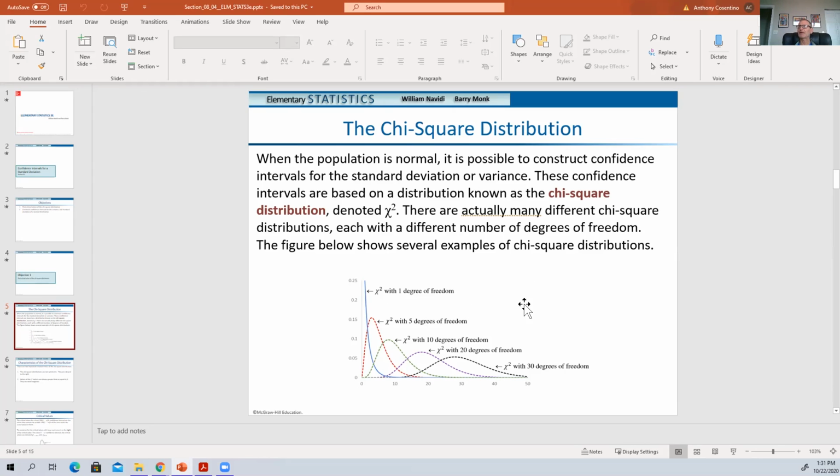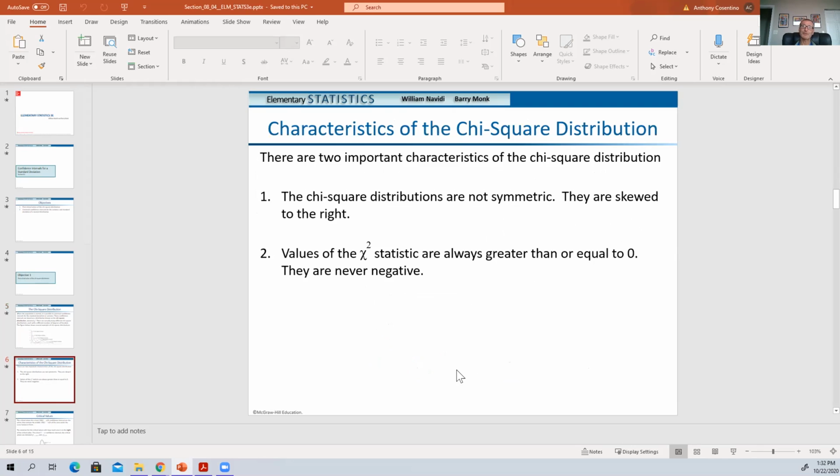You can see that in these graphs, where the red one has a degree of freedom of 5, but when you go to the black one with degrees of freedom of 30, you can see that it looks very similar to a normal distribution. So a couple of things about a chi distribution. It's not symmetric. That is super important to understand.